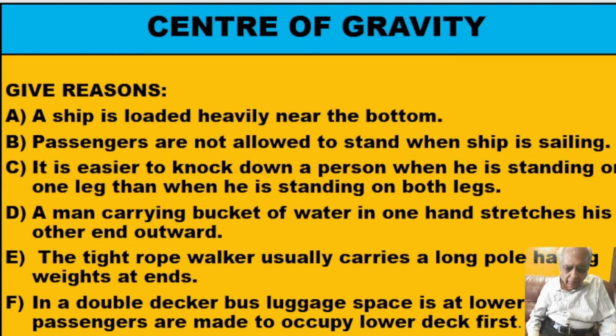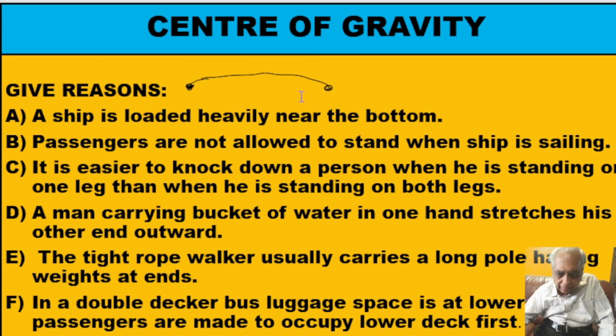Next, the tightrope walker usually carries a long pole having weight at its end. Now, when a person is carrying a long pole and weight at its end, the long pole will get tilted down, or these ends will come down.